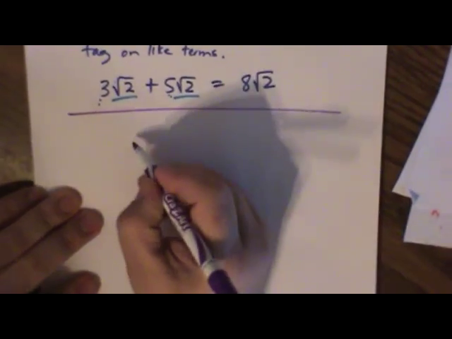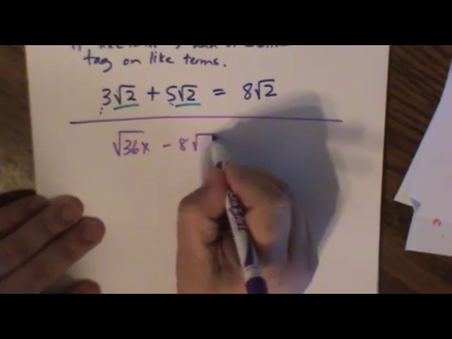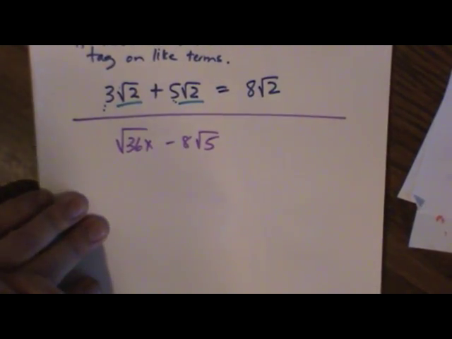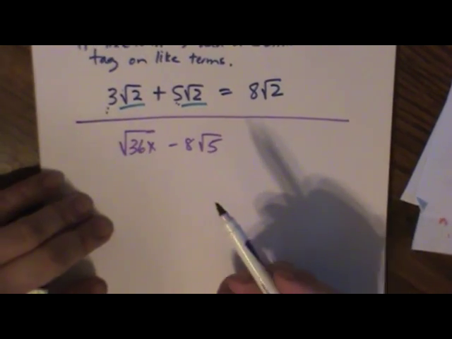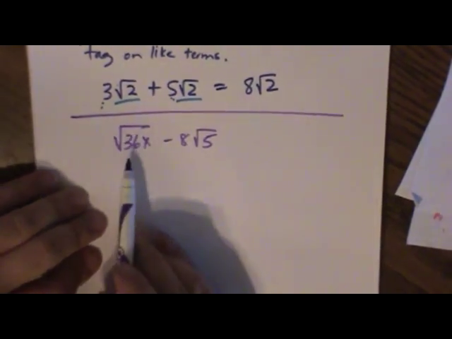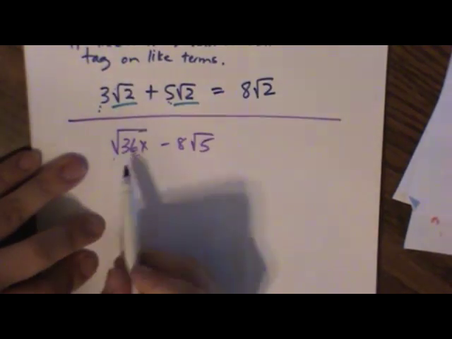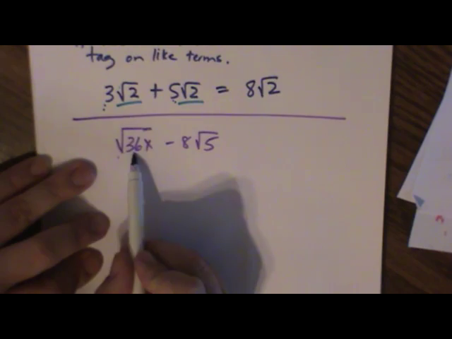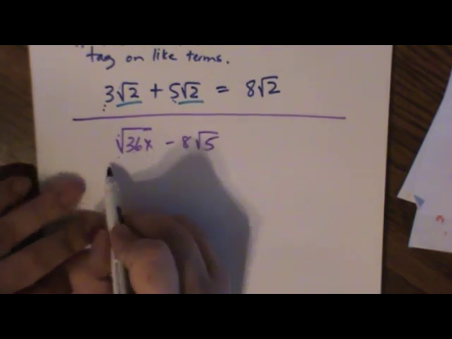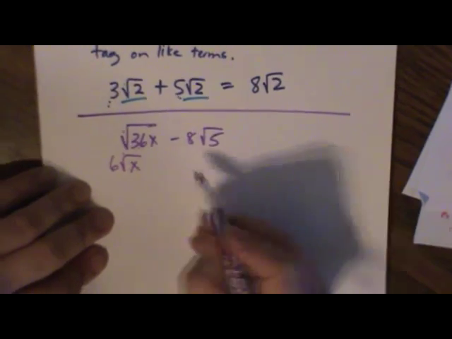Let's do this one. We have the square root of 36x minus 8 square root of 5. Like we were doing before, you want to simplify each expression. We know that 6 times 6 is 36, so because it's a square root, we need pairs. 6 comes out, and the x stays in.